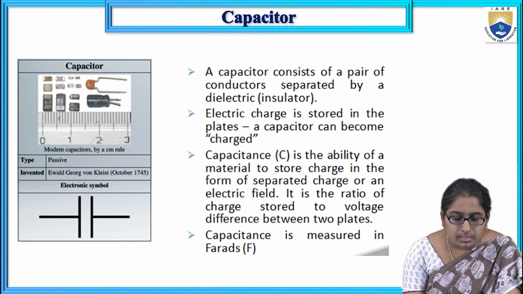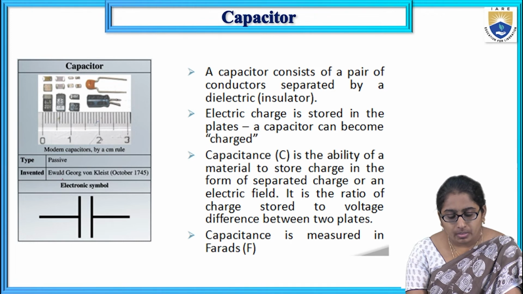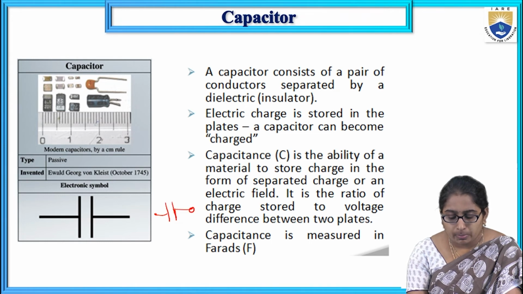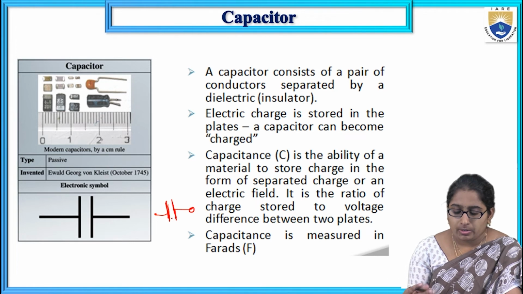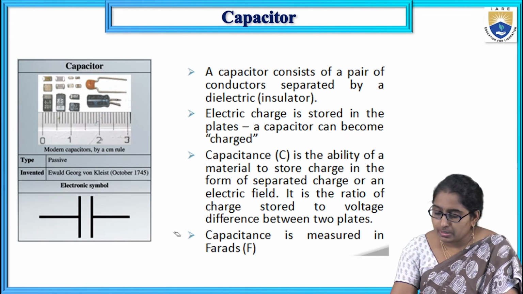That is the physical appearance. This is a passive element, invented by the scientist Ewald Georg von Kleist in 1745, and its symbol is two vertical, equal lines. It is a two-terminal device.